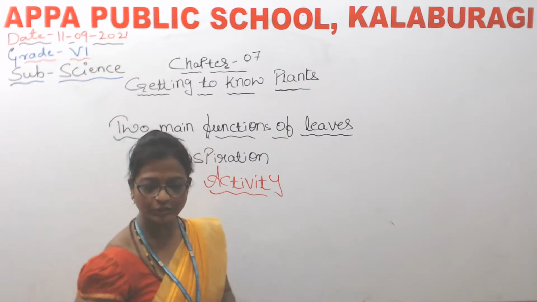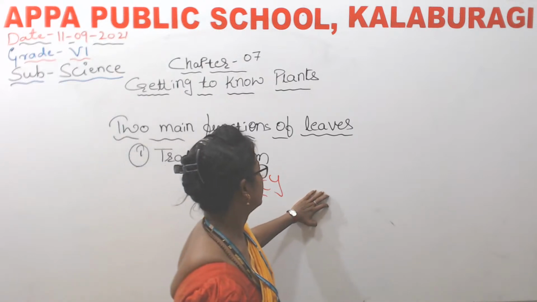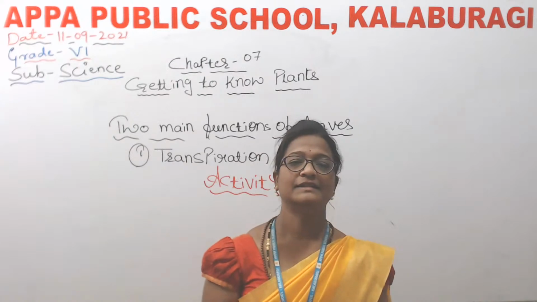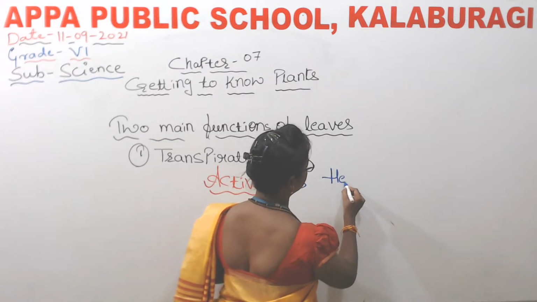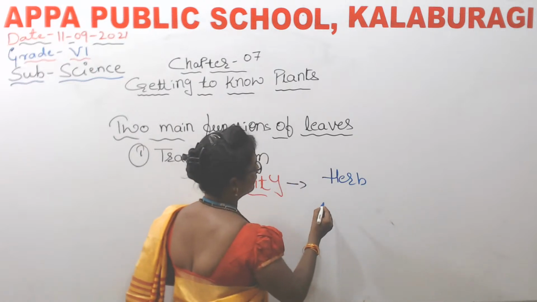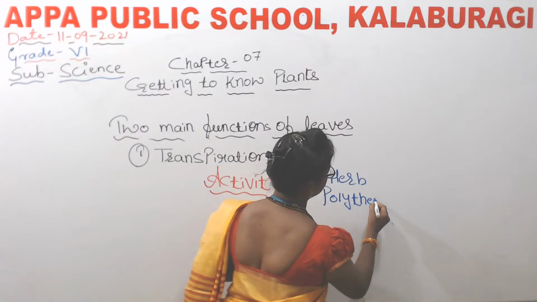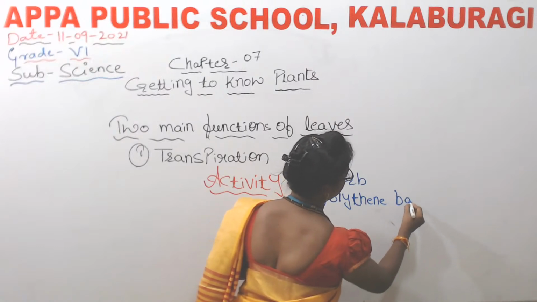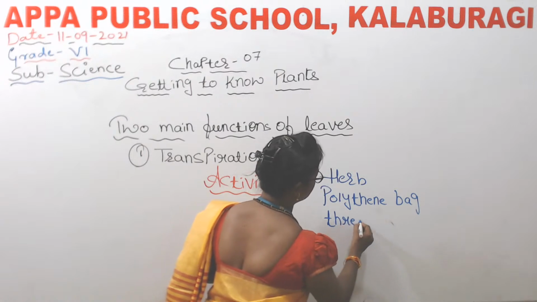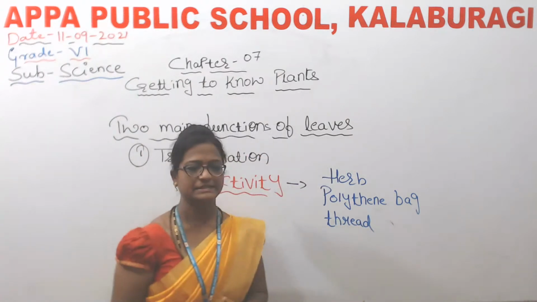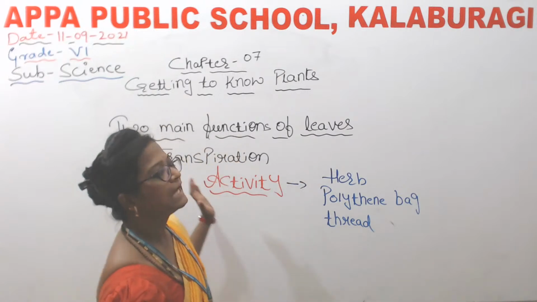First for this activity we need one herb, one polythene bag, and even we need one thread. Okay, so these are the things which we require for this activity.